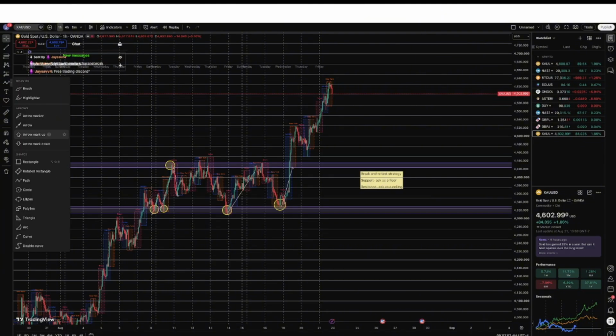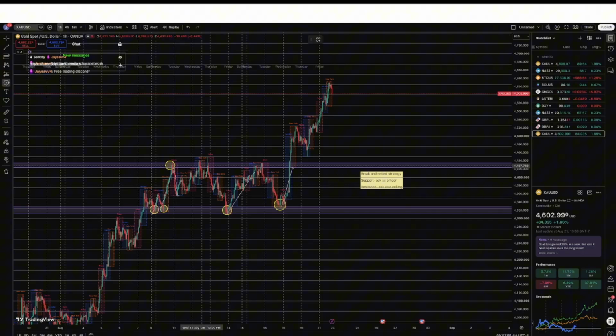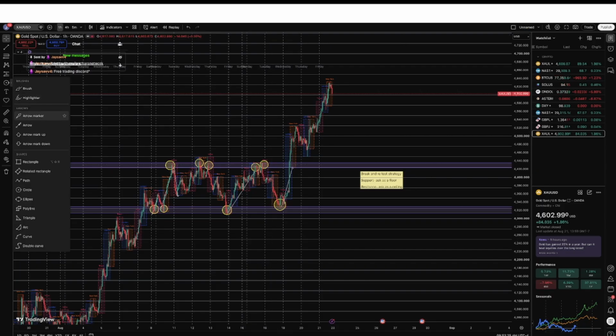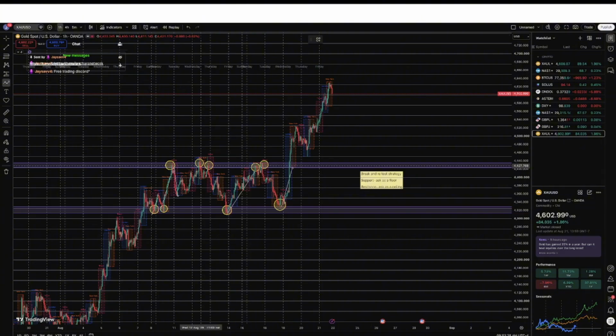So look, you can see another tap. I could just clone these. Another tap. Another tap. So you can see every time the market came to this resistance area, it made a shift in the opposite direction.